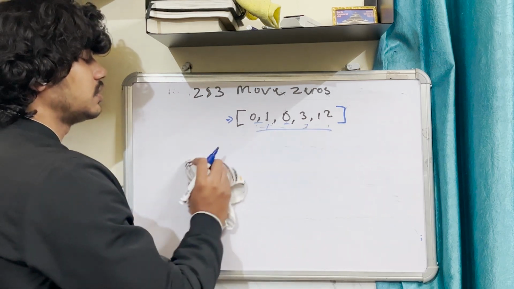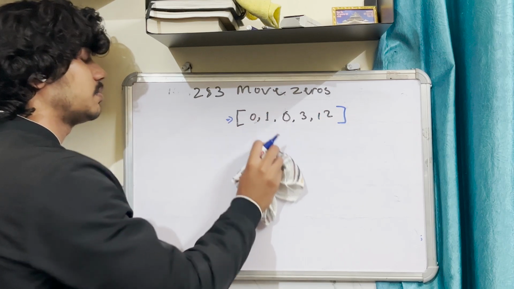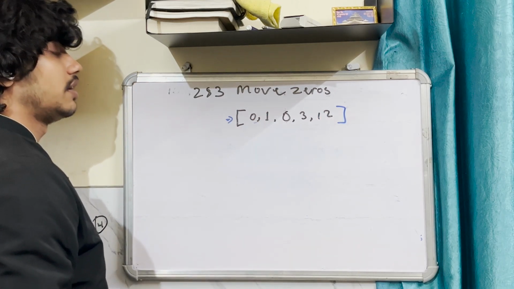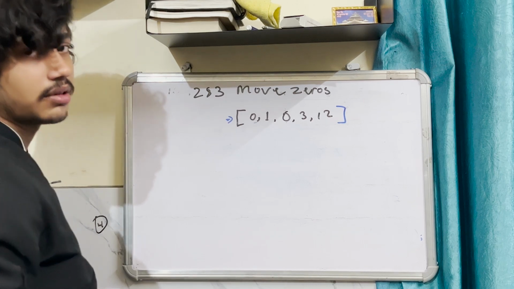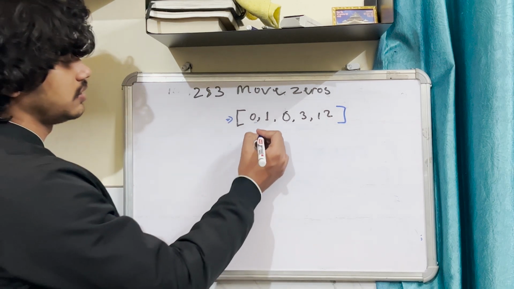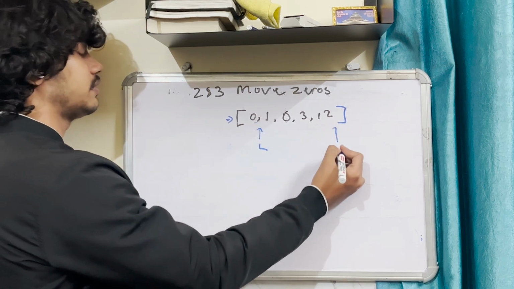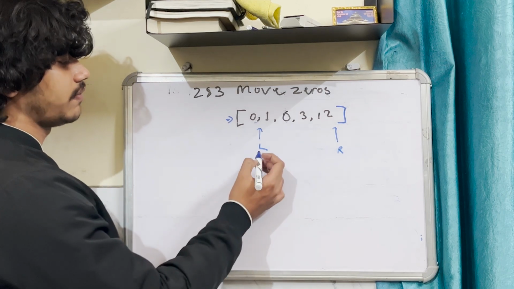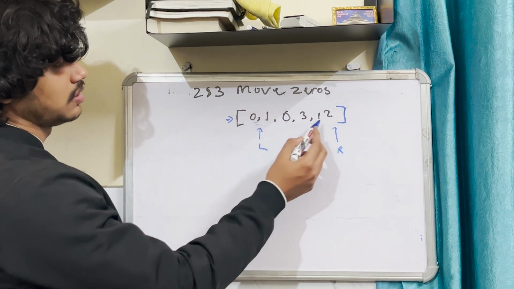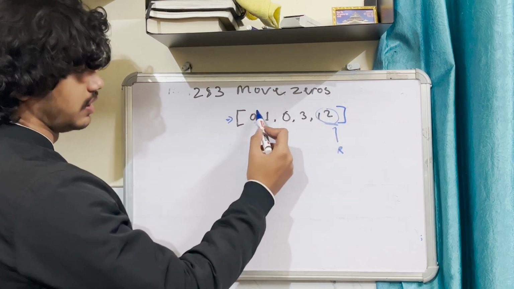The other solution you can think of, without using extra space, is using pointers. First, what I was thinking, you can have a left pointer here and a right pointer here, and if you find a 0, you move the right non-zero element to the front.